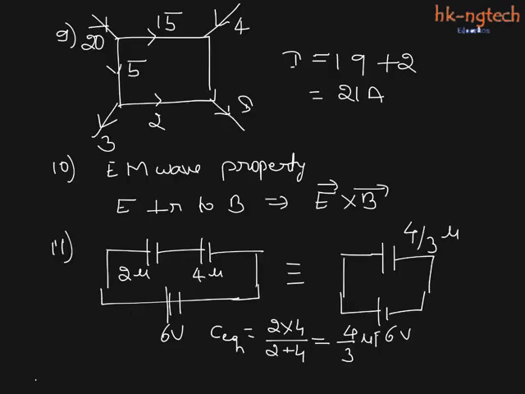Next, a really good question. We have to find the value of I shown in the figure. This is based on Kirchhoff's current law. They have given 20 ampere current flowing here and 5 ampere current leaving the junction, so at this point 15 ampere current must be flowing.